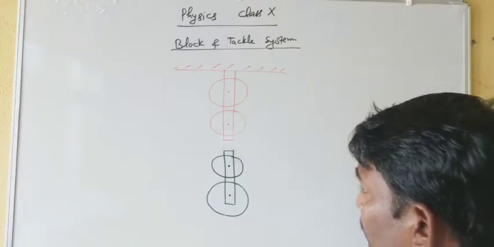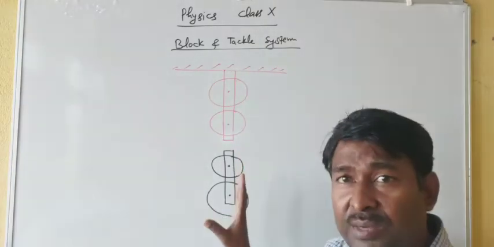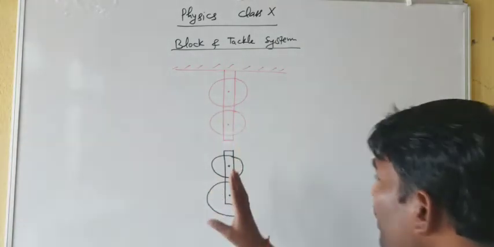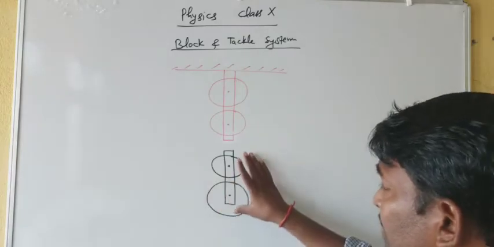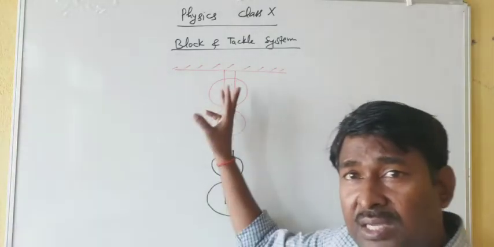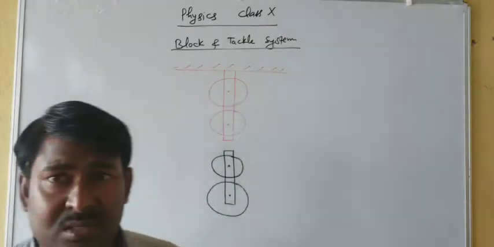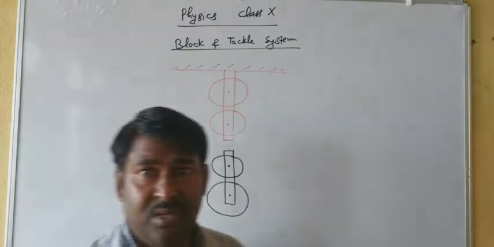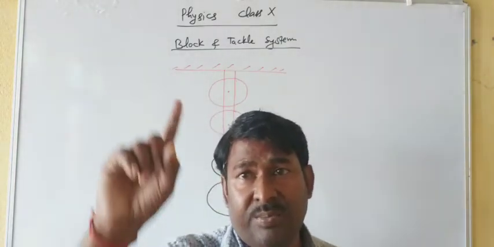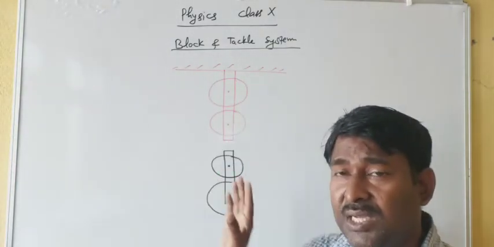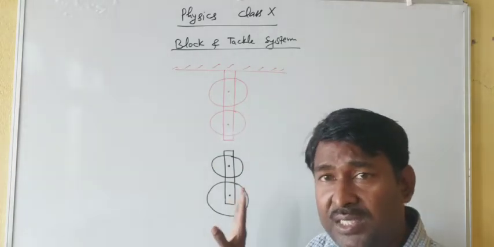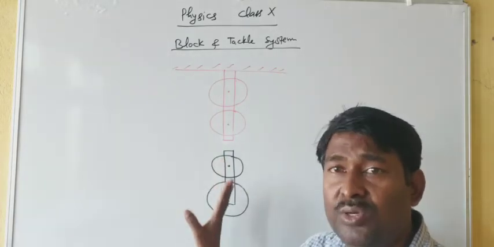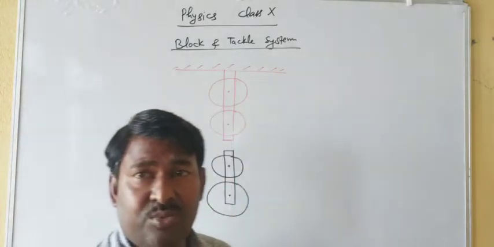The number of pulleys in the lower block will never be greater than in the upper block. It will always be either one less than the upper block or equal to the number of upper block pulleys.